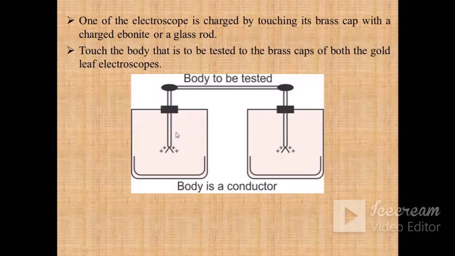Now if it was an uncharged and a charged conductor, due to the touching it acquires some charge. So we can say that this body is a conductor because charge is flowing from this end to this end.